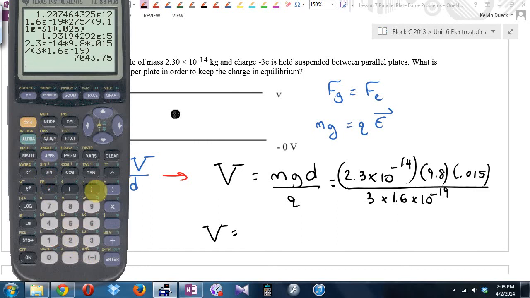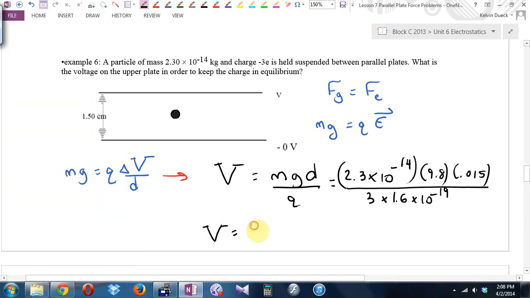Do you get 7,040 volts? Or am I off? 2.3 times 10 times 9.8 times... Is that right? No, yes? Oh, yeah, okay. So I'll go 7,040. Fair bit of voltage, but we can do that fairly easily. Heck, 20,000 volts isn't hard to put together.